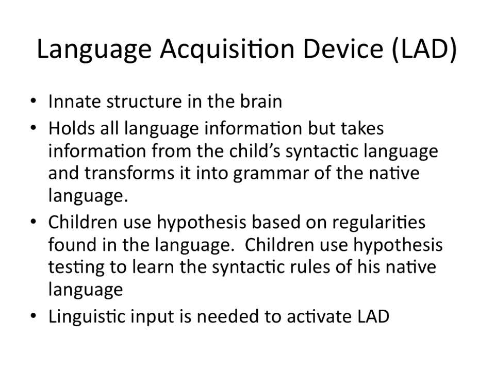It holds all language information, all the language of the world, but takes information from the child's syntactic language that relates to the native language. So when you're born, you have this LAD. It has all the grammatical rules of the universe because the rules are universal. And then the child will use only the rules that apply to his language.